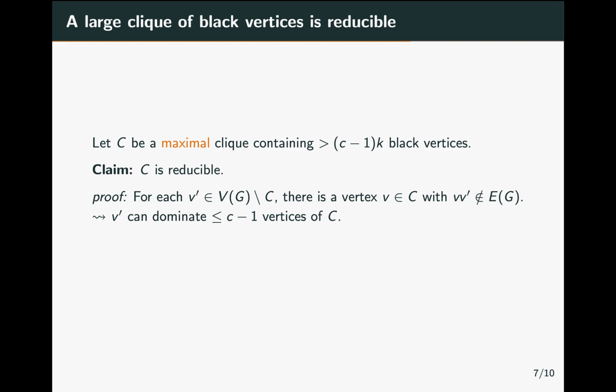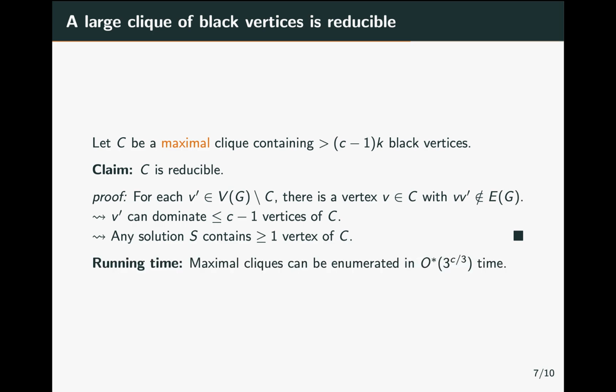Now, due to the c-closure, we know that this vertex v' can dominate at most c-1 vertices of C. It means that since C is really large, any solution must contain a vertex of C, which shows that C is reducible.